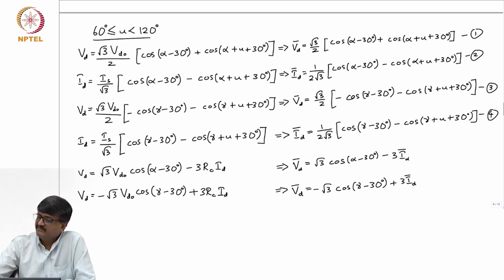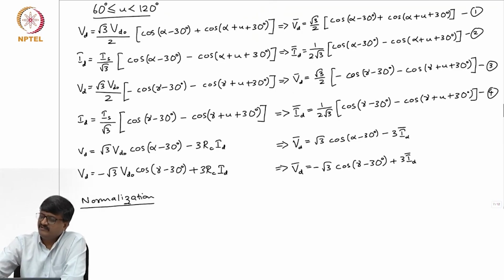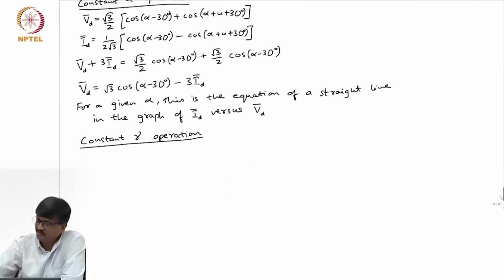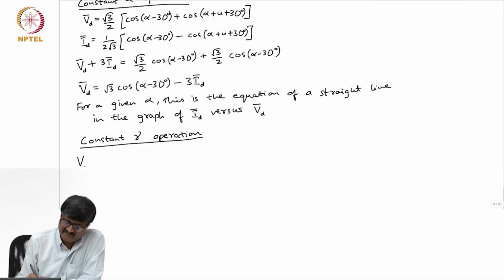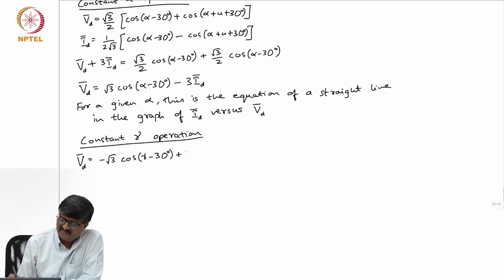You can do some manipulations and show the relation between Vd, Id and gamma. I'll write straight away the relation, and I'll leave it to you to see how to derive it. The equation that we get is Vd equal to minus root 3 cos(gamma minus 30 degrees) plus 3Id.